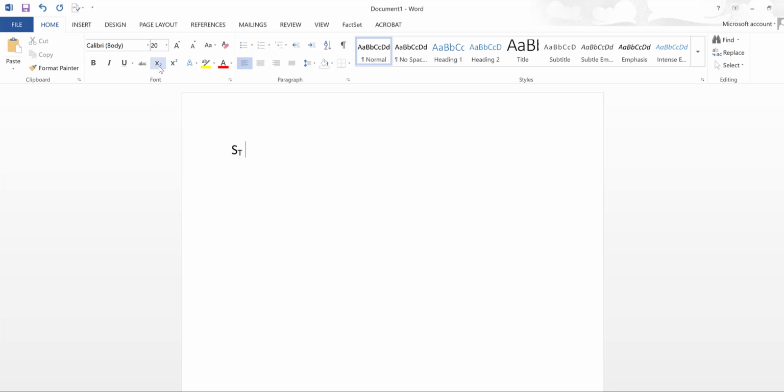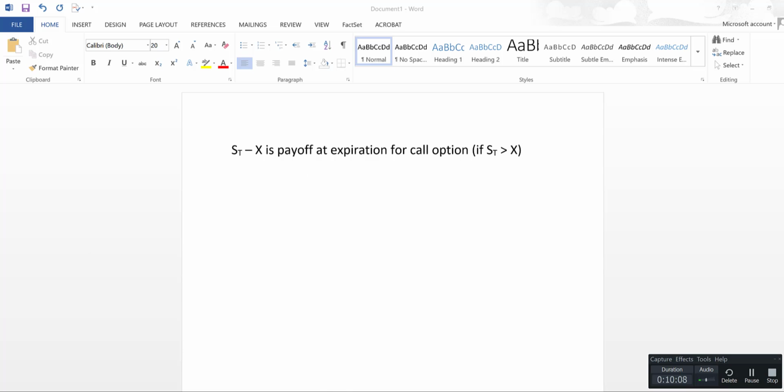So let me write that here, ST minus X is payoff at expiration for call option, right? I mean, that is if ST is greater than X. So the question is, how much value do you put on this?